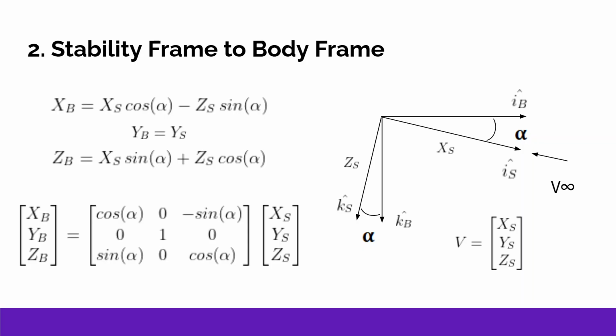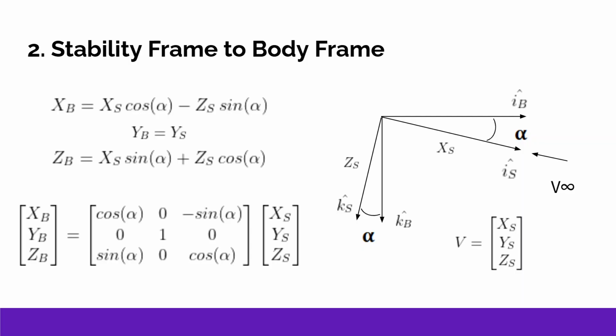So we start with a vector V expressed in the stability frame, and that is defined by its components XS, YS, and ZS, and what we essentially need to do is to project both XS and ZS onto IB, and both ZS and XS onto KB.